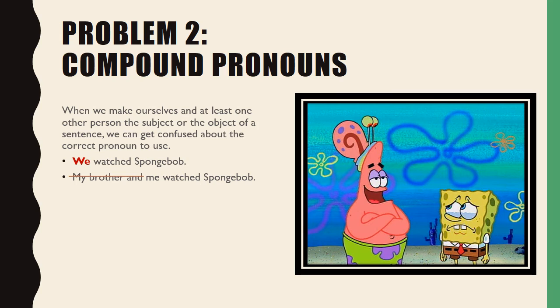Maybe if we were just learning to speak, but we know that that's not correct. And so the actual way to fix the "we watched SpongeBob" problem, if we don't know who "we" is, is to say, "My brother and I watched SpongeBob," because if we take "my brother and" out, it's proper to say, "I watched SpongeBob."